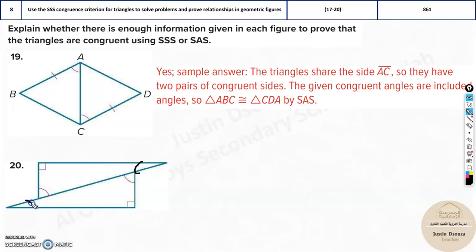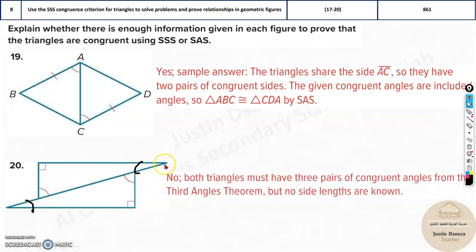If all the three angles are equal, that doesn't mean that they are congruent. They will just be similar. We don't have enough information to confirm either by SSS or SAS that it is congruent. So that is it. It is a very basic one. Just remember the three postulates and then you can easily solve these problems.